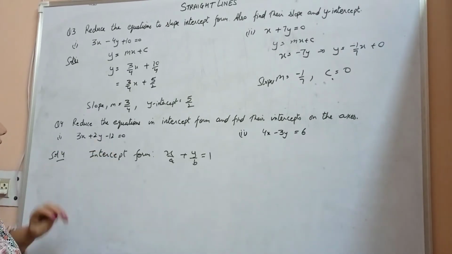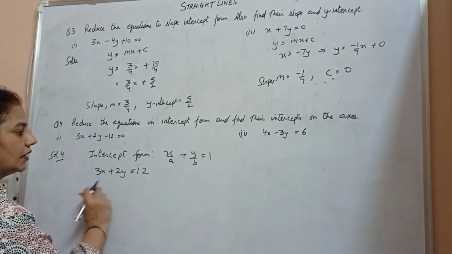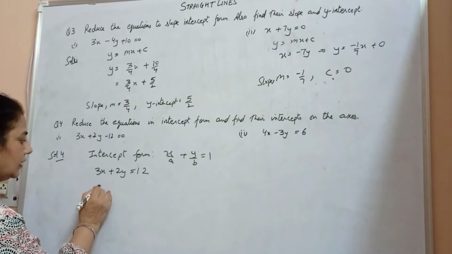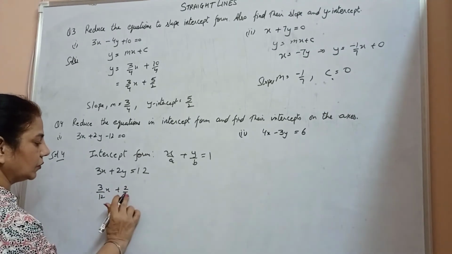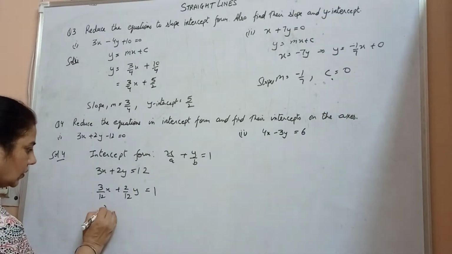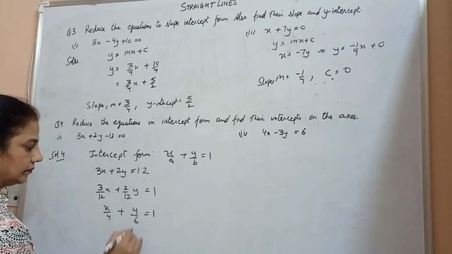So what we do, we write it here as 3x plus 2y is equal to 12. Divide throughout by 12 so that the right hand side will become 1. So we get 3 by 12 x plus 2 by 12 y is equal to 1. So x by 4 plus y by 6 is equal to 1.